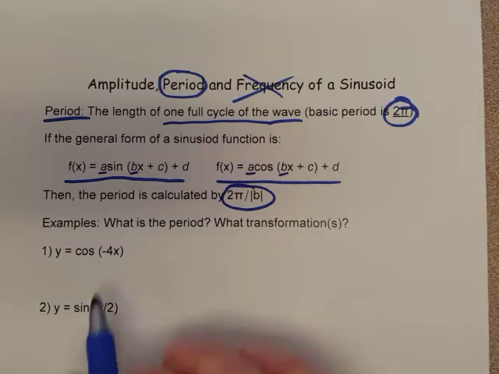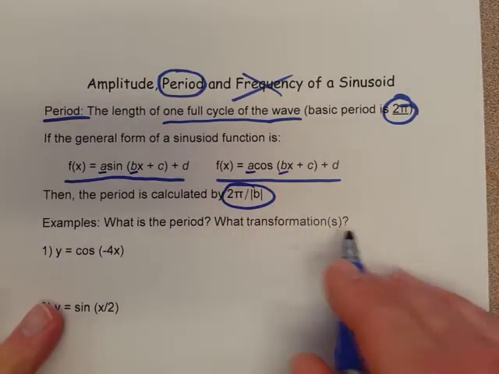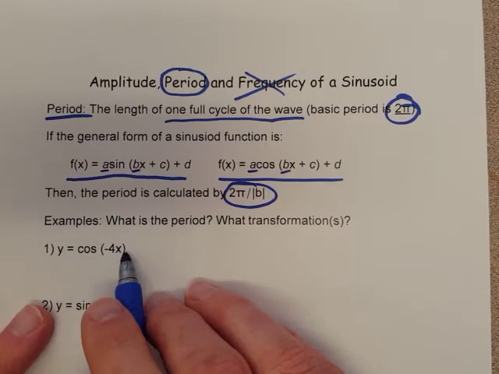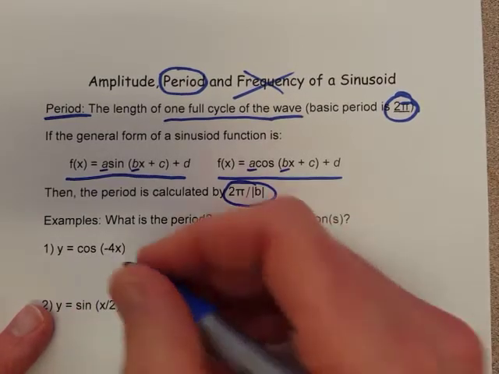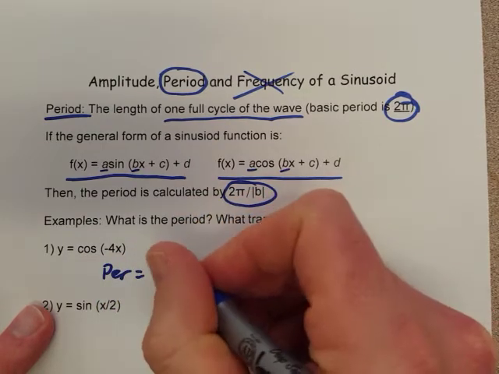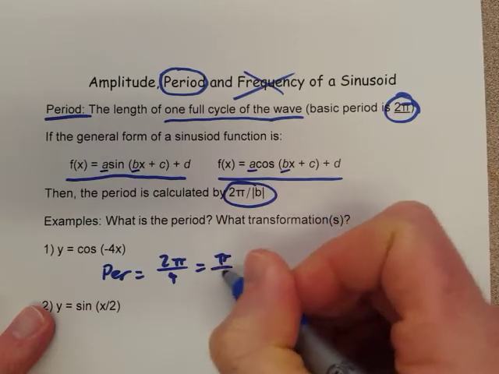So you can do that if you would like. But we're going to take each one of these, take a look at them, and see what happens when we do that. So what transformation does that represent? We've got here cosine of negative 4x. Now the absolute value of B is 4. So if I want to know the period in this graph, it's just going to be 2 pi divided by 4, which is pi over 2.